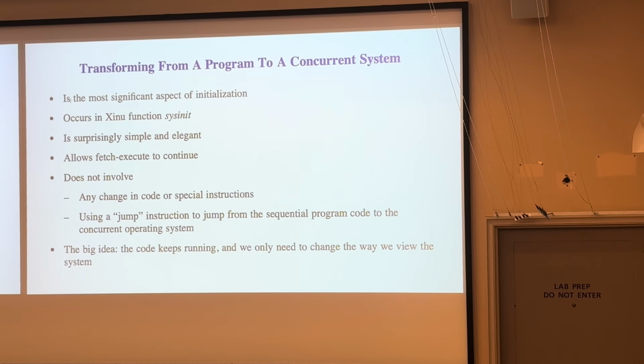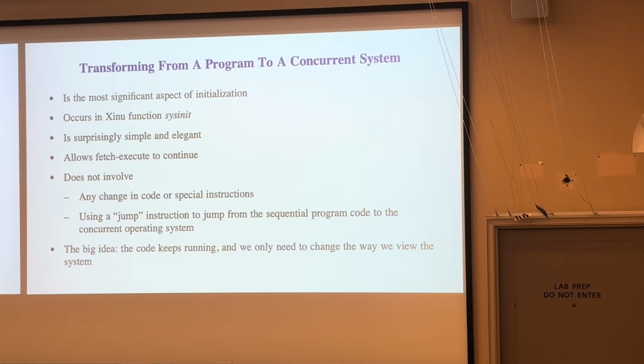It is the most significant aspect of initialization, but at the conceptual level, everything else is just initializing every component: memory, file system, network, and so on, every component in the OS. Conceptually it's very simple. But changing from one sequential program to a concurrent program sounds quite interesting, not very easy to do.